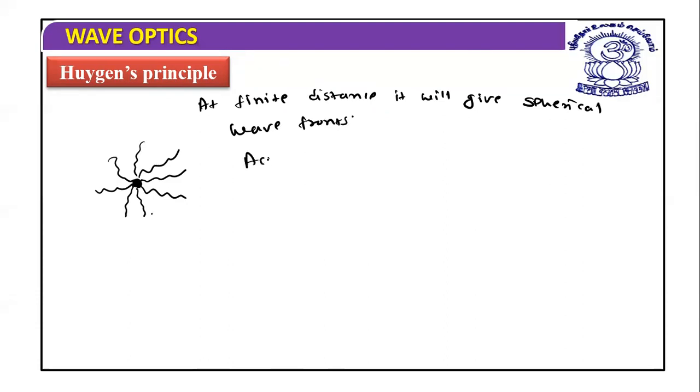According to Huygens, every point on this wavefront acts like a secondary point source.